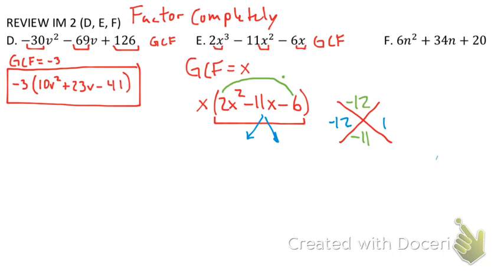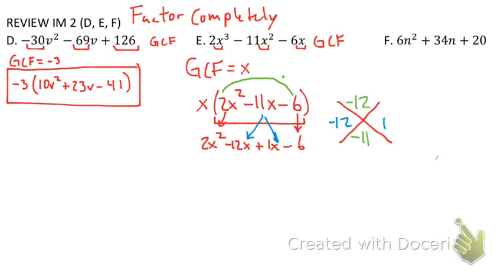So I have 2x squared from this guy. The 11x has turned into negative 12x and positive 1x. We split the middle term, and then we bring down the negative 6.